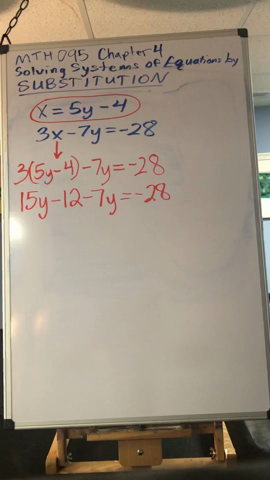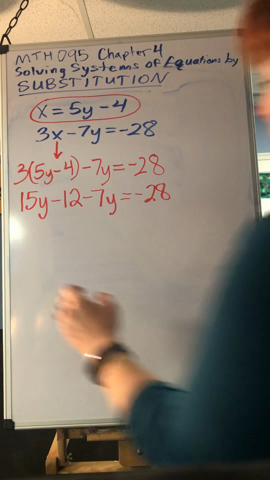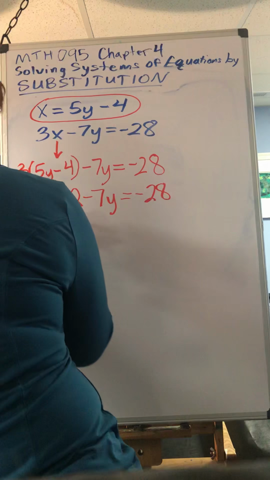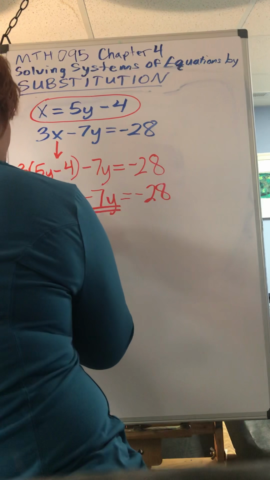At that point, on the left-hand side of the equation, you see that 15y and minus 7y can be combined. 15y minus 7y is 8y.